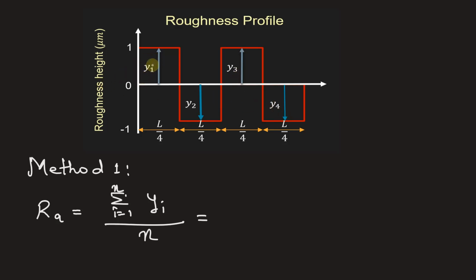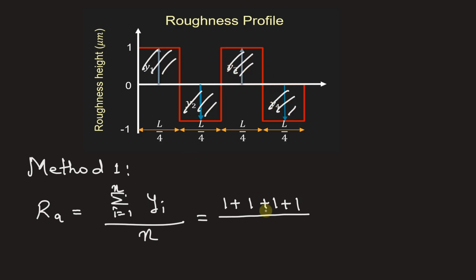Y1 is 1, y3 is also 1, and y2 and y4 in magnitude are also equal to 1. So we write 1 plus 1 plus 1 plus 1 for y1, y2, y3 and y4, divided by the number of profiles. How many profiles do we have? You can see here 1, 2, 3 and 4. So divided by 4, that gives Ra equal to 1.